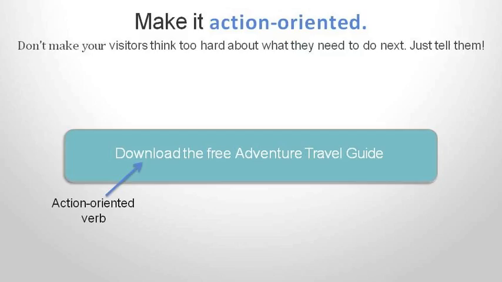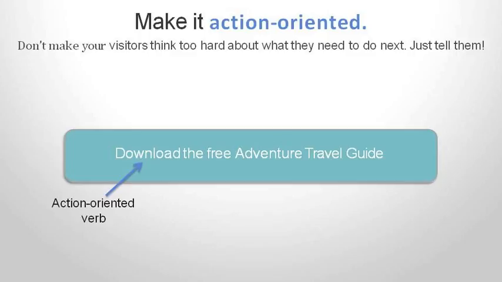Don't make your visitors think too hard about what they need to do next. Just tell them. Clear, direct action verbs make for a great call to action. In this example, it says, download the free adventure travel guide. The word download makes it pretty obvious what will happen next.